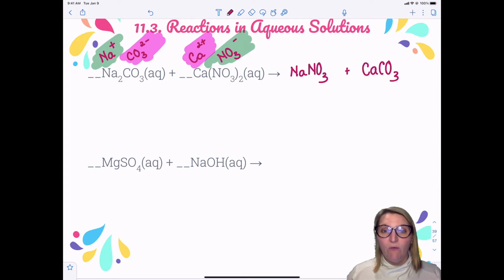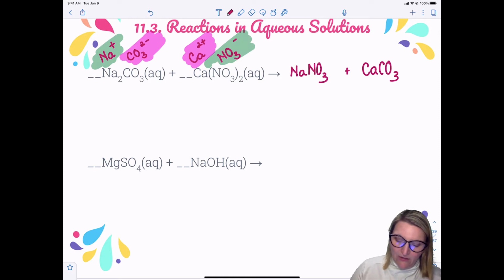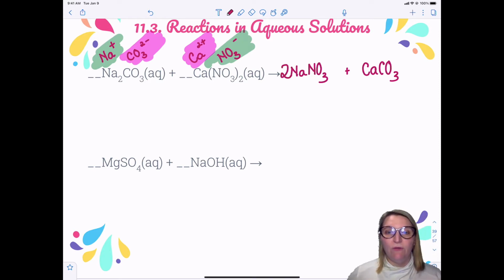And I'm not going to worry about whether they're solid or aqueous quite yet. Balance. So now that I have the products, balance. And all I need to do is put a coefficient of 2 in front of the NaNO3 to balance out the sodium and the nitrate. Maybe try the next one on your own or follow along.